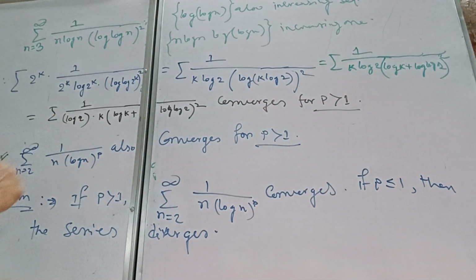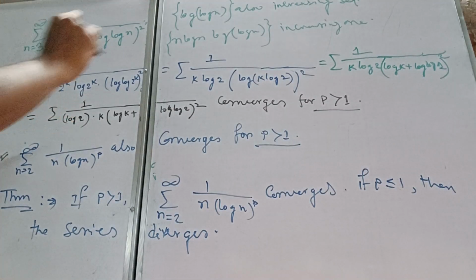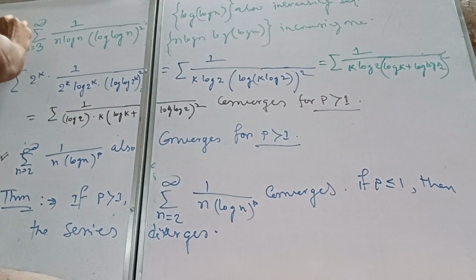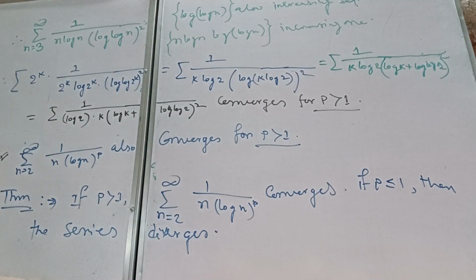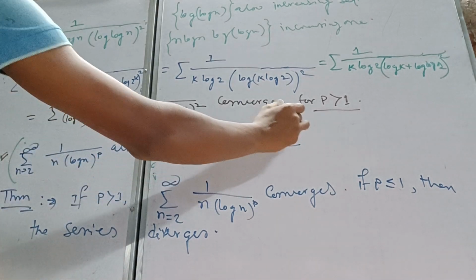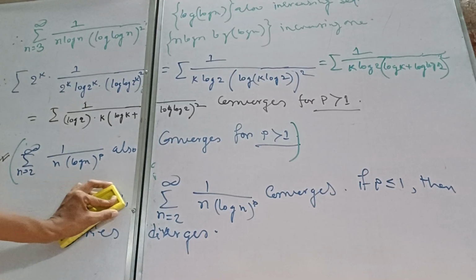And that one we proved using summation 1 by n^p converges for p greater than 1, and now we also see this theorem, and this one converges with the help of that series. So we write about that.